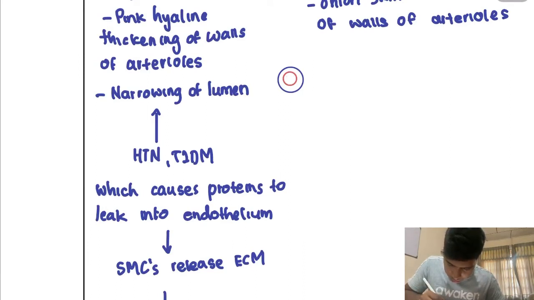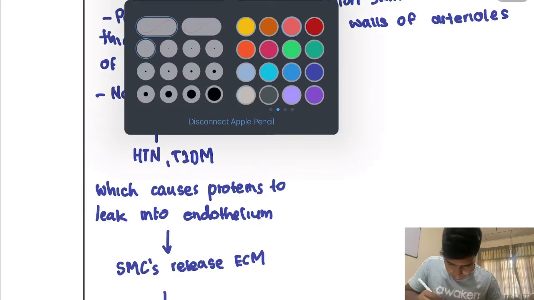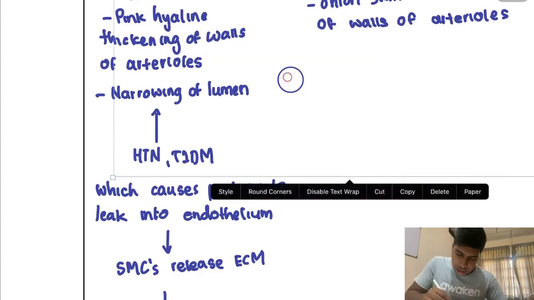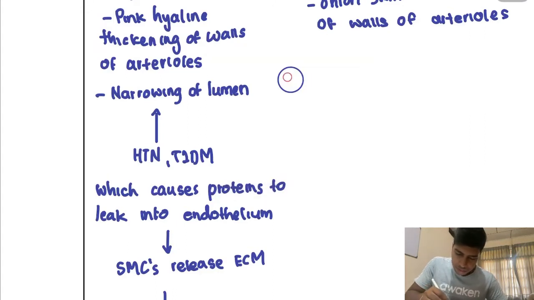The media is becoming thicker, and the lumen is becoming narrower. You can see the lumen has become narrower because there is going to be a pink deposit all around this.